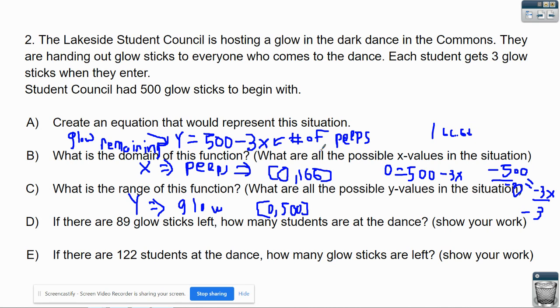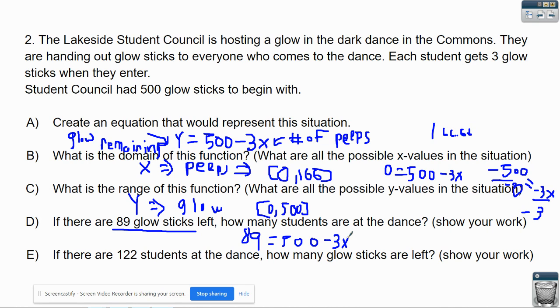Okay. Now, D and E are plug-in work problems. There are 89 glow sticks left. How many students are at the dance? So 89 glow sticks. Glow sticks is Y. So into my equation, I just plug in 89. Right? 500 minus 3x.